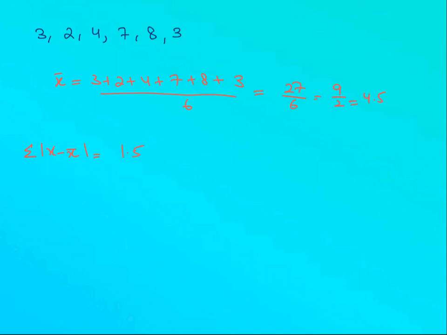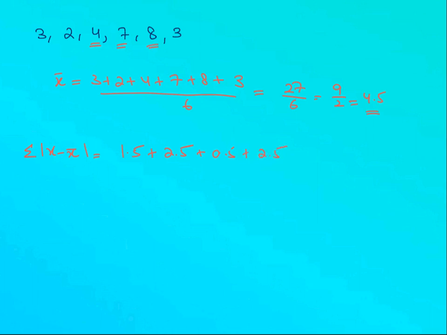Then 2 minus 4.5 is minus 2.5. With mod it's just 2.5. Then for 4 minus 4.5 is 0.5 negative, but with the mod it becomes positive. For 7 minus 4.5 is positive already, 2.5.